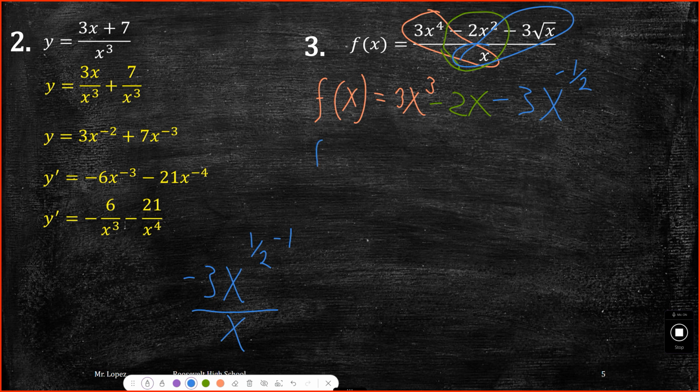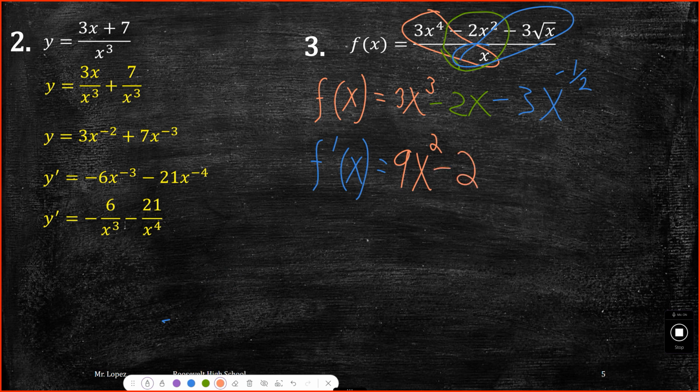And f prime of x is going to equal 2. What is the derivative? What's the first part? Anybody? 9x squared. Then next is going to be what? Minus 2.